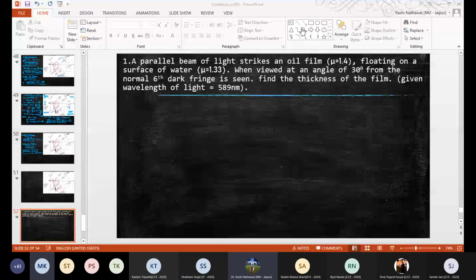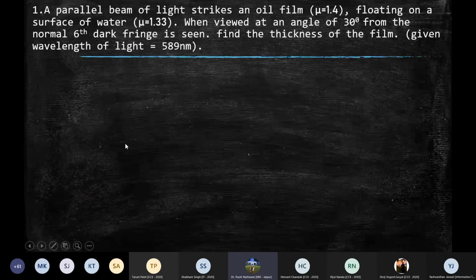No, I am not going to tell the answer right now. I will tell. 3 lambda upon 1.4. 1.26 into 10 to the power. 3 lambda by 1.4. Okay, let's go one by one. Okay, 1 minute. Let me come to my slide.